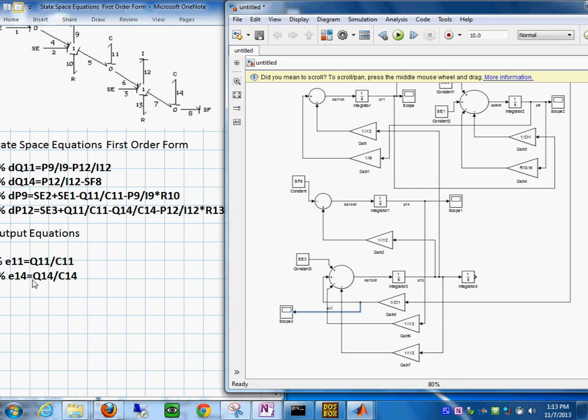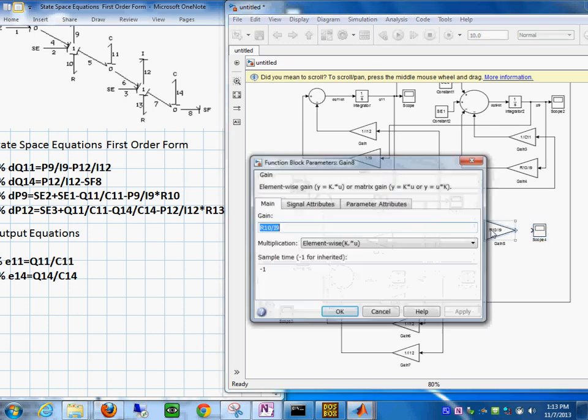See, and what about this E14? It's Q14 over C14. So that's this one in here. We could just pick it up from here and create it with one gain. There's no problem. We could just duplicate. Possibly it is there, but just to be on the safe side, I'm gonna build it like that and create another scope in here. It will be like this.